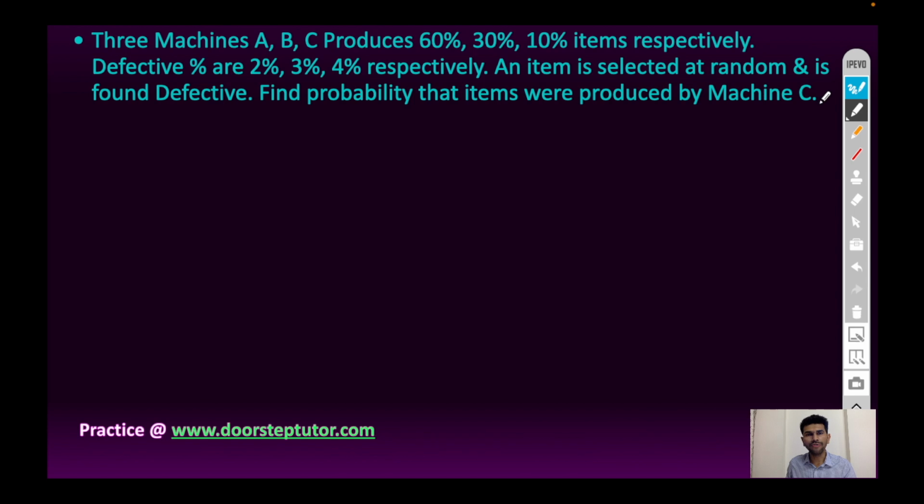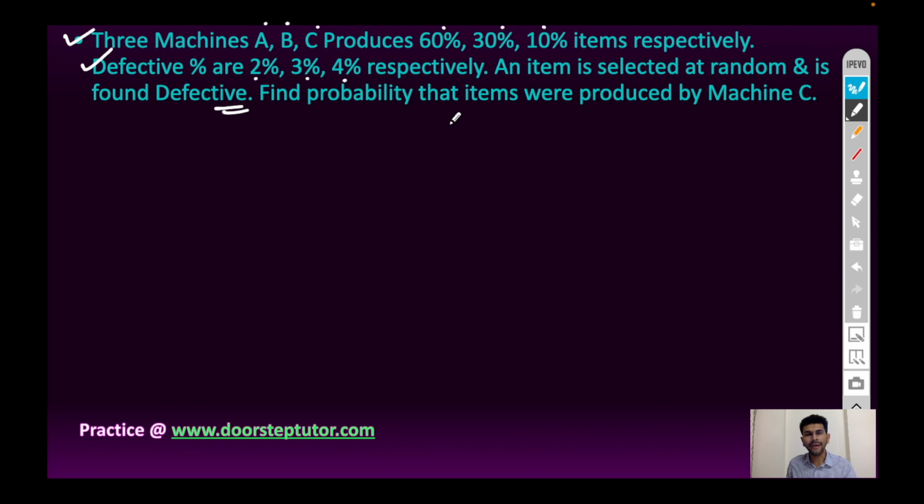Let's understand the concept with a practical example. Three machines A, B, C produce 60%, 30% and 10% of items respectively. Defective percentages are 2%, 3% and 4%. An item is selected at random and is found defective.